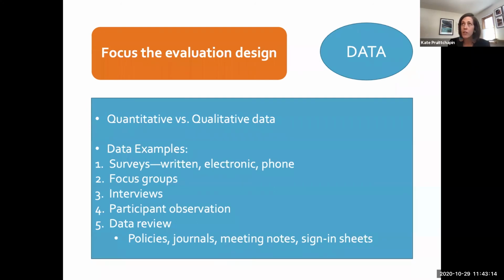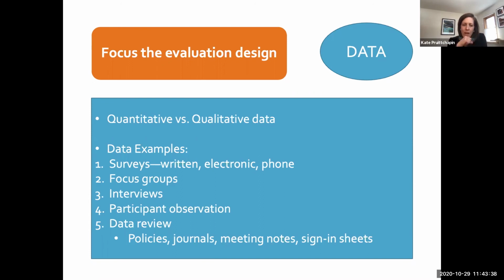In the one I just did, we looked at the policies and all the procedures, to see how they had incorporated some of the recommendations from the previous year. So those are some examples of data that your agency's probably already collecting.